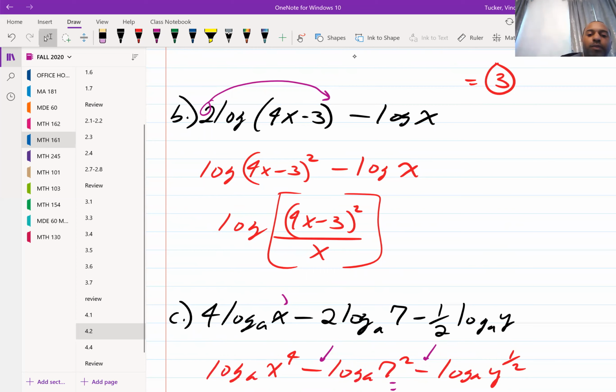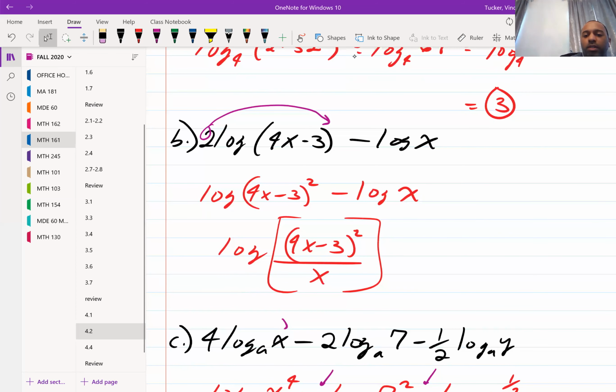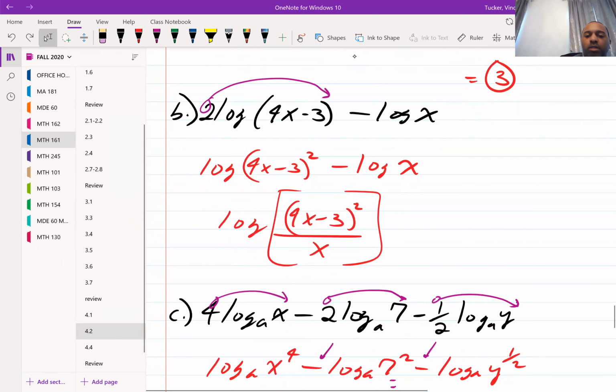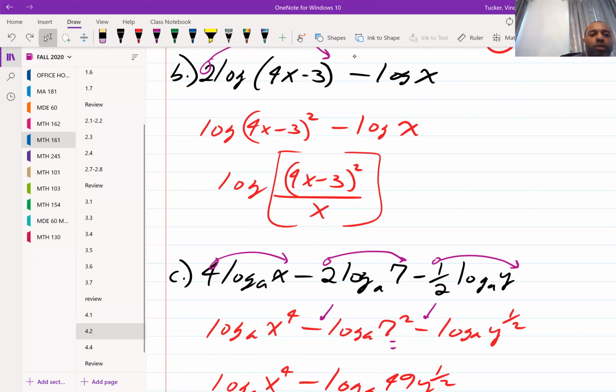First thing I would do is take my exponents back to where they belong, and that gives me log base A of x to the 4th minus log base A of 7 squared minus log base A of y to the 1/2 power.